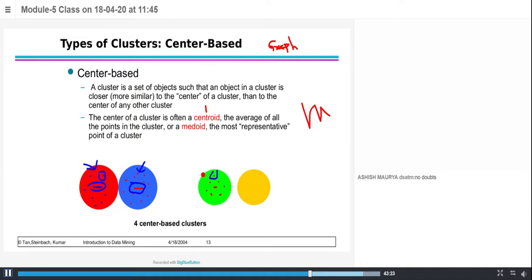So how are we going to identify a center? By using the mean or median, we can easily identify the center. If it is categorical data, then we are going to use the mode to identify the center of the clusters.